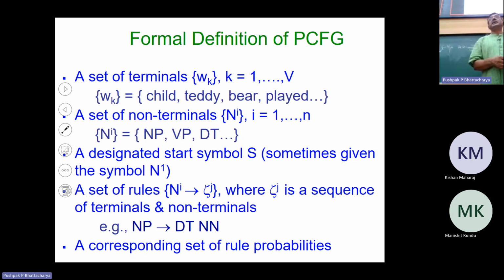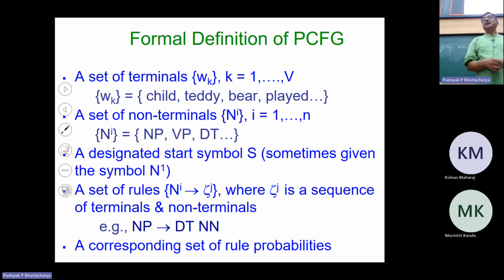The set N_i can have entities like NP, the noun phrase, VP, verb phrase, DT, the determiner, and so on. A designated start symbol S, sometimes given the symbol N_1. So S is special, S is the start symbol.